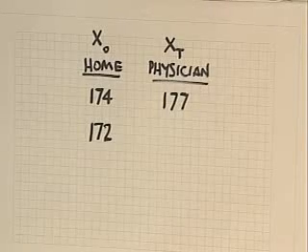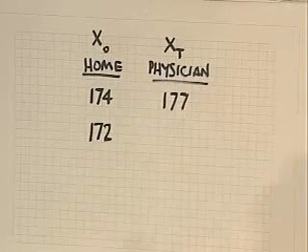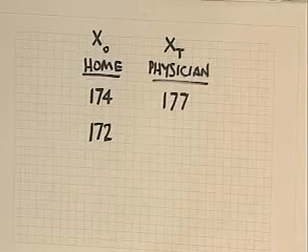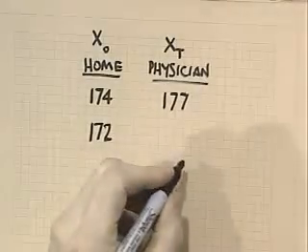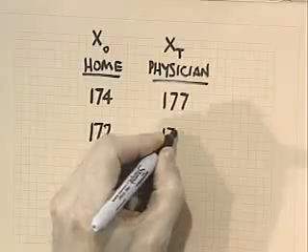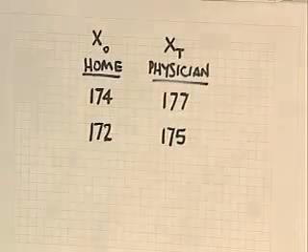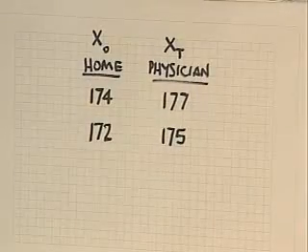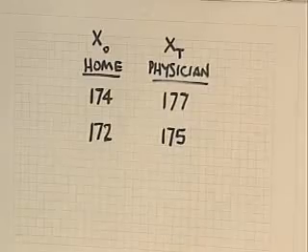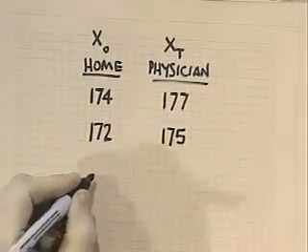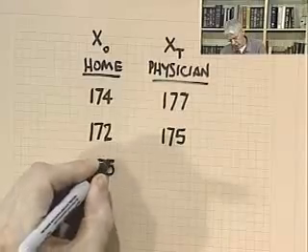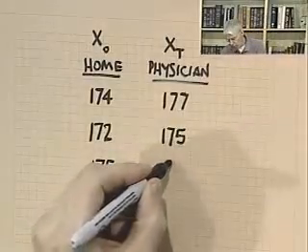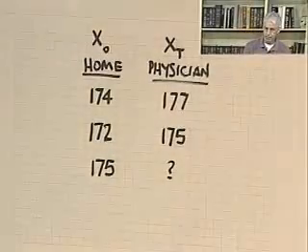You are once again beamed, Star Trek-like, immediately down to the physician's office, stand once again on these magical scales, and those scales tell you that you weigh 175 pounds. You get on your scales at home a third time, and they tell you that you weigh 175 pounds. What is your true weight?